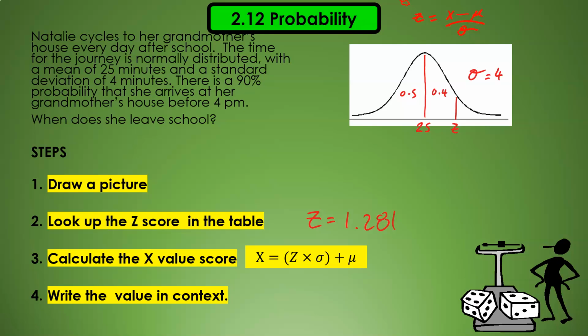While this equation is the one that's given to you in your formula booklet in the exam, this one here, which is the rearrangement of that to make x the subject, is not given to you.